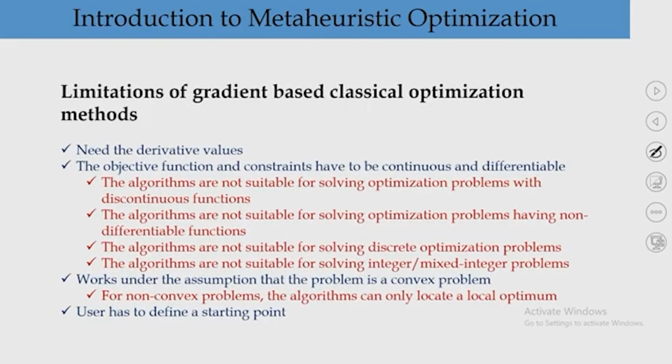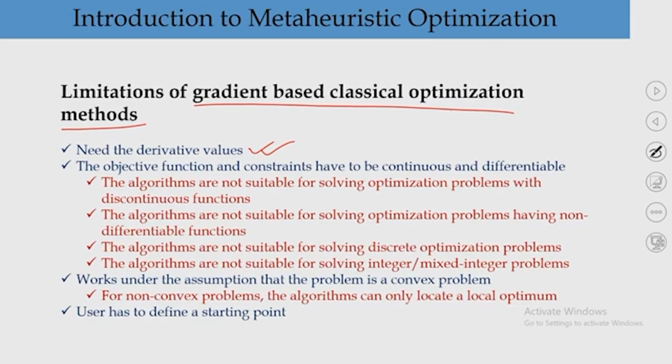Now, let us look at the limitations of gradient based classical optimization method. Okay. So, I already discussed that one, but I have listed down the limitations here. So, what you need? You need the derivative values, you need the derivative information, is not it.